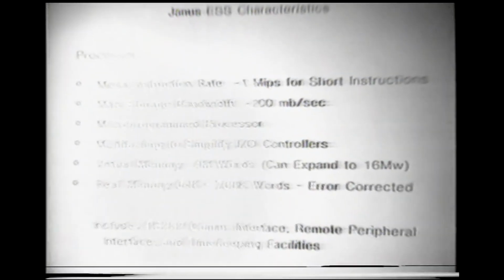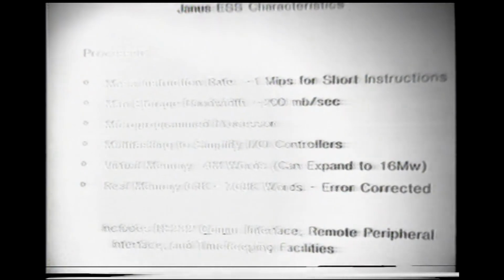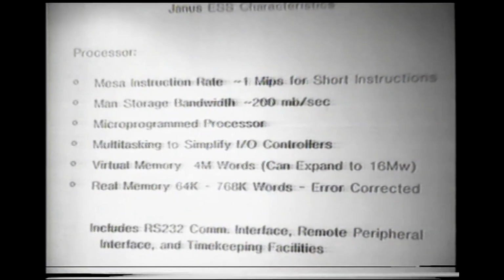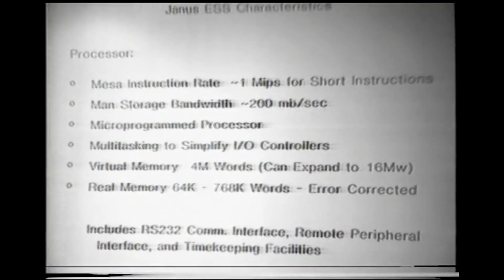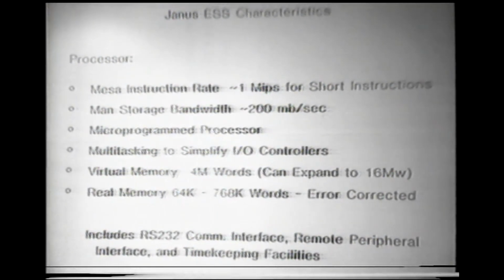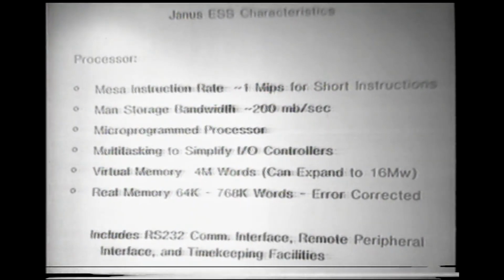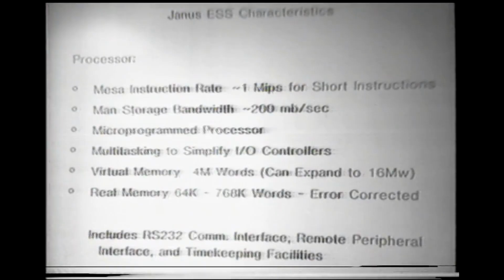The processor is microprogrammed. It's multitasked, similar to the Alto. That is, at the microprogramming level, the hardware is switched on a very rapid basis, typically every microsecond or so, among up to 16 tasks which compete for the use of the processor hardware.